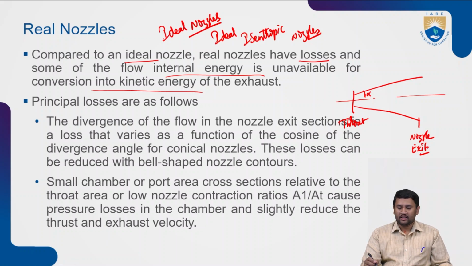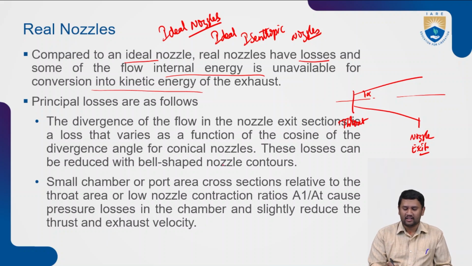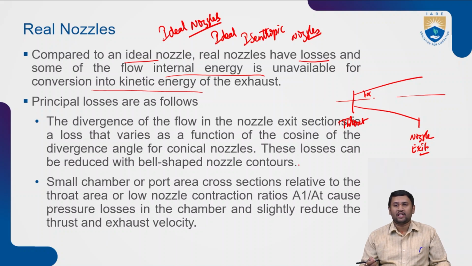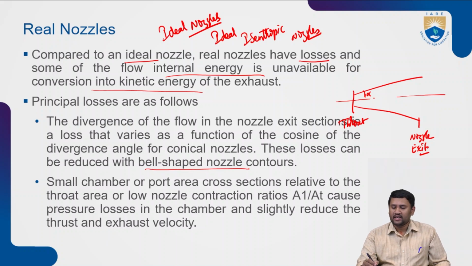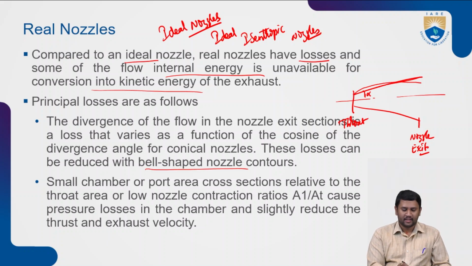The loss that occurs in the divergent section, particularly through the nozzle exit flow, varies as the cosine of the divergence angle for conical nozzles, and it can be reduced with well-shaped nozzle contours. Instead of keeping a straight edge, we can put some bell-shaped edges in order to recover those losses.